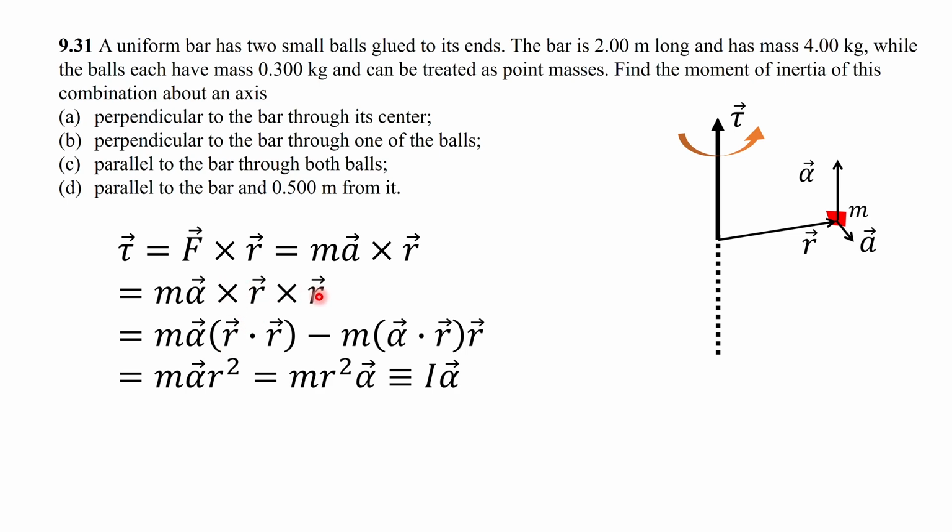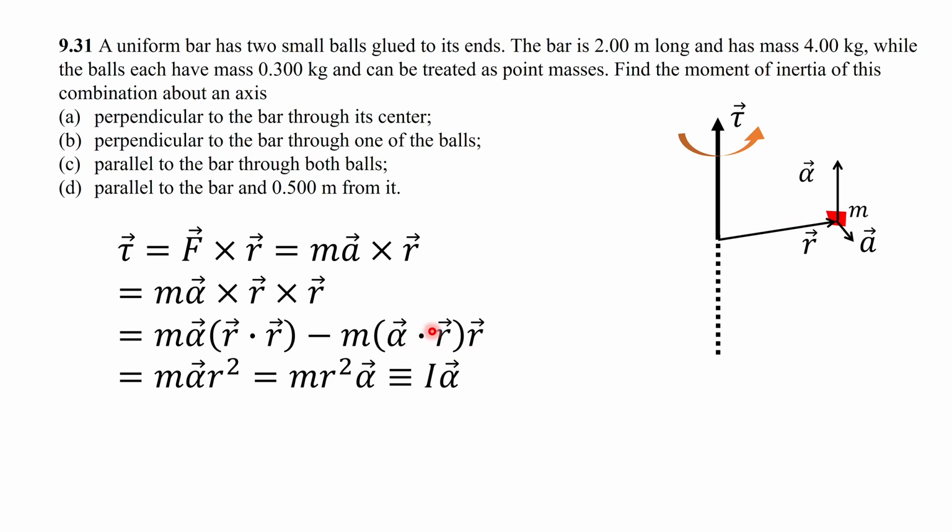So the double cross could be written in this way. And you can find that the first term is r dot r, that's r squared. And the second term, you can see alpha is the angular acceleration that goes up, and the radius is in the plane. So we know the angular acceleration is perpendicular to the radius.